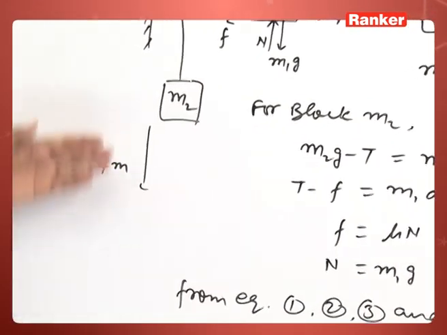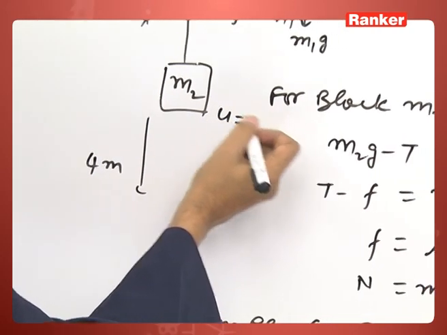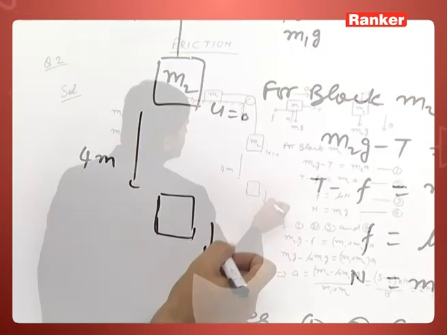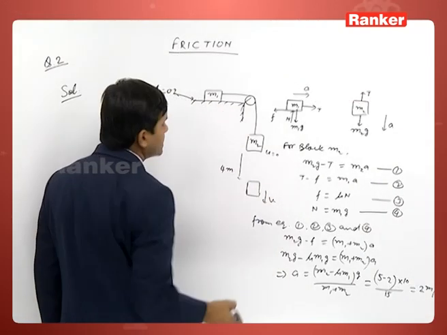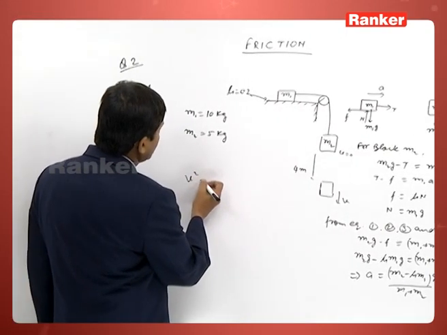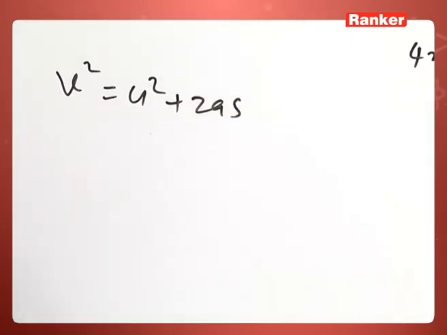when m2 has descended by 4 meter. When m2 has descended by 4 meter, at this time the initial velocity is 0, and whatever the velocity v here, that block also has the same velocity v. So, we can use the relation v square is equal to u square plus 2as.